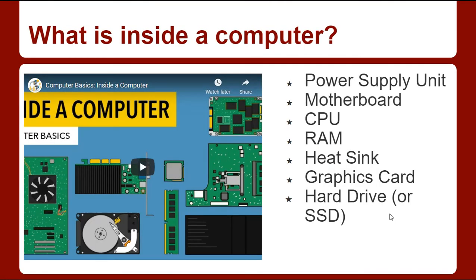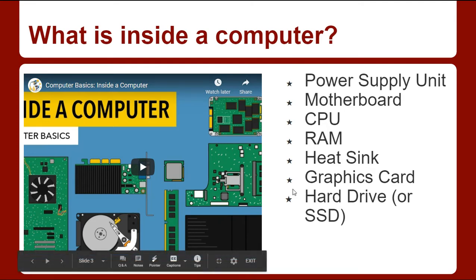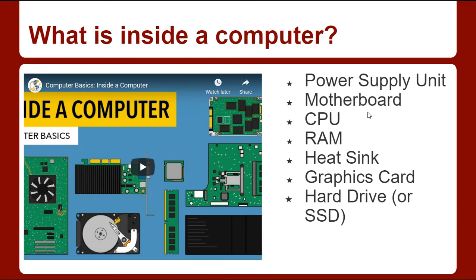What is inside a computer? What are the main components? I think it's really important if you do not know what is inside a computer, and I will show you when you come back to school what the inside of a computer looks like, but I think it's really worthwhile that you watch this video, and hopefully you're able to look out for these different components being mentioned: the power supply unit, the motherboard, the central processing unit, the random access memory, the heatsink, the graphics card, and the hard drive, whether it's a normal hard disk drive or a solid state drive.